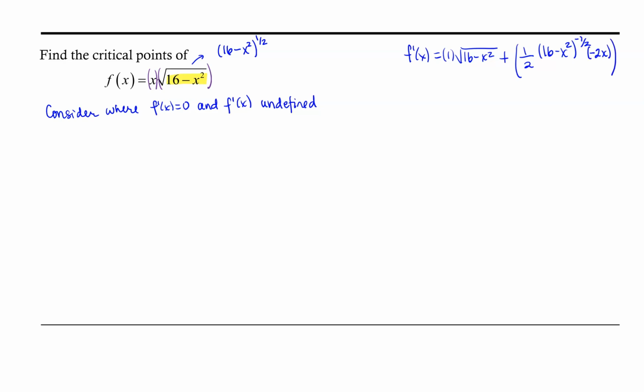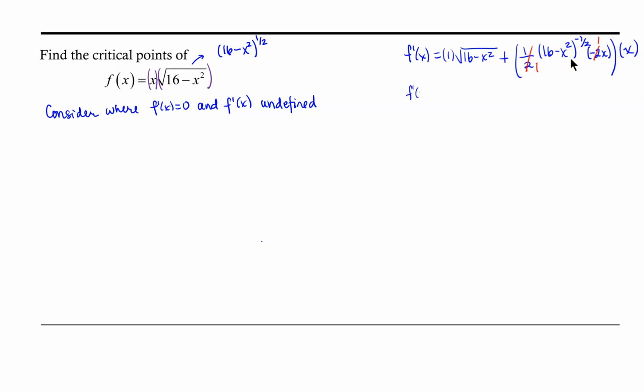That's the derivative of the second part of the product times the first part of the product, which is simply x. Now note that this 1/2 and this 2 will multiply to give us a 1. And this negative exponent will move the quantity 16 minus x squared to the denominator.